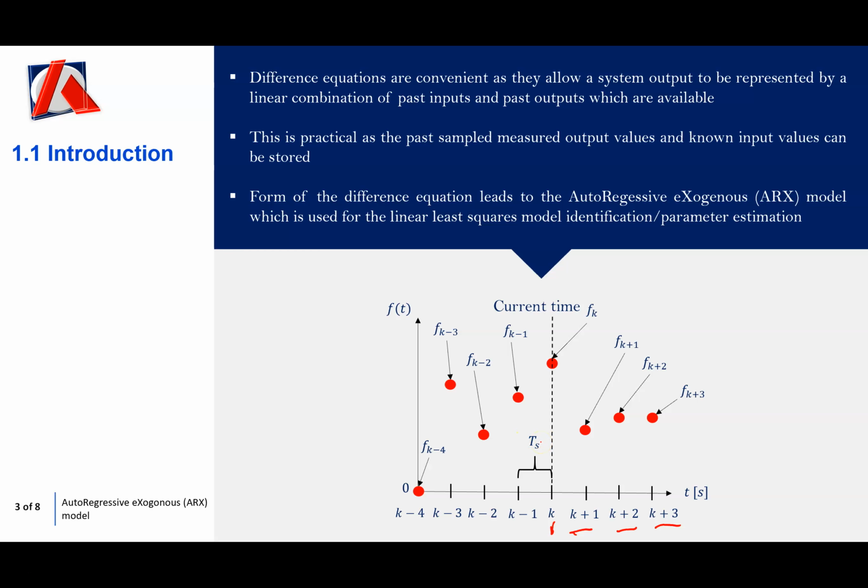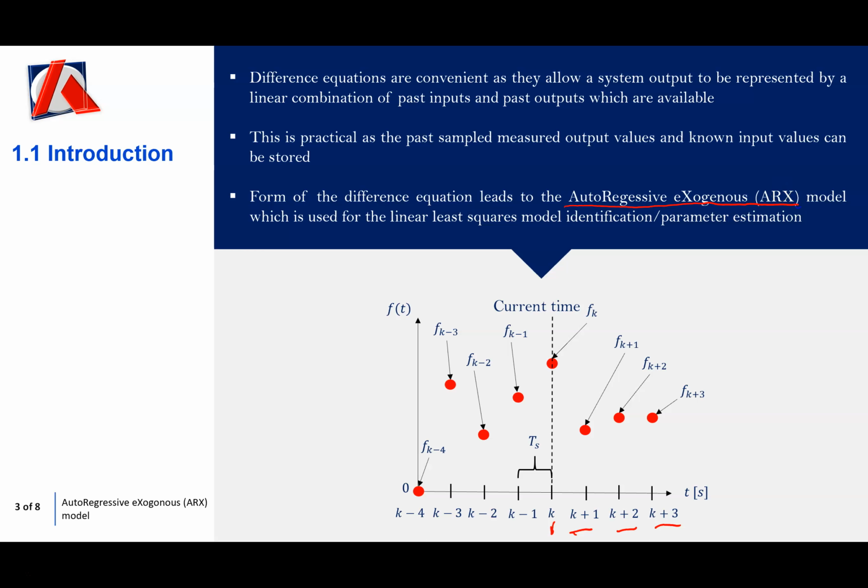That moves us into the idea of using difference equations, where the system output is represented by a linear combination of past inputs and past outputs, which are available because we can store them in practice on the microcontroller. The form of the difference equation that this leads to is the AutoRegressive eXogenous model, or ARX model.